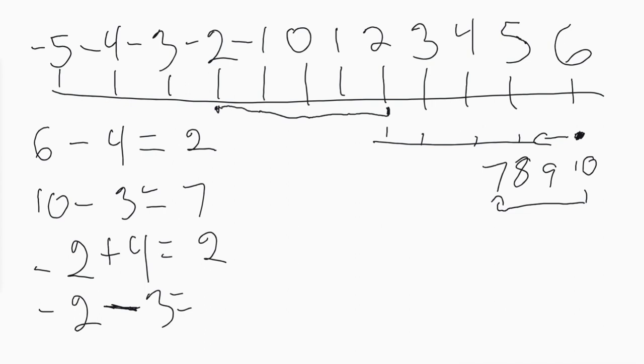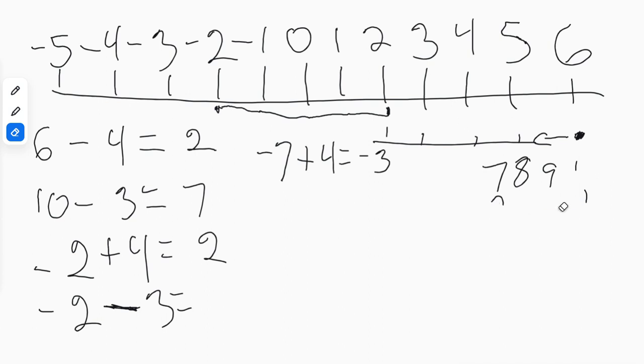Now, when you subtract a negative from a negative, it gets a larger negative. If the positive is larger than the negative, then your answer is going to be positive. But in a situation where your negative, for example, negative 7, is larger than your positive, you're going to end up with a negative. And I'm going to show you why.